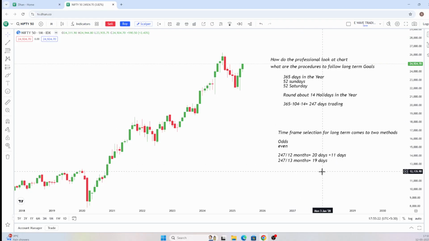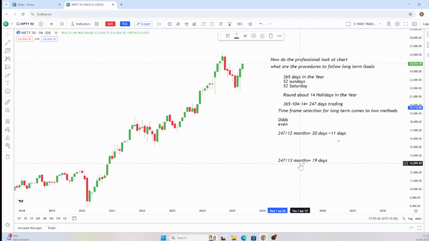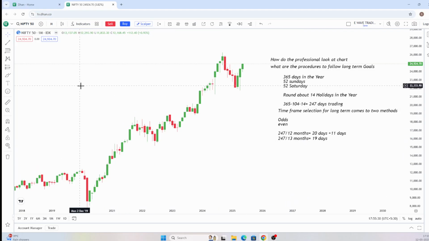Now again this may seem like an easy part, but when you have a charting system and the brokers give you the charts, we will round this figure into even trading days.